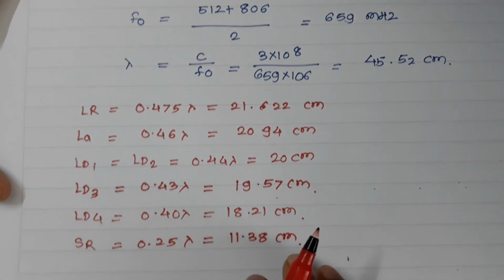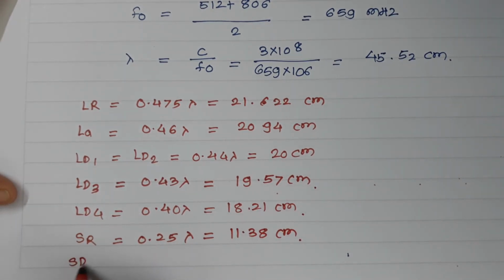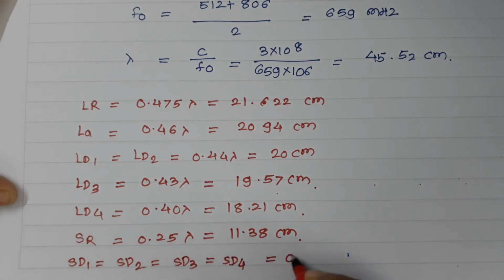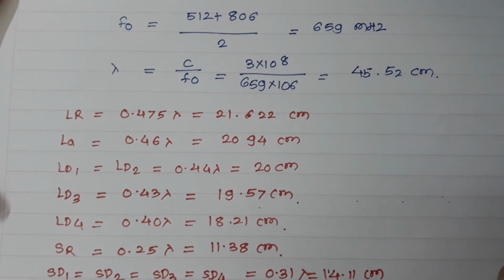Now we know that the distances between the directors are the same, so SD1 is equal to SD2 is equal to SD3 is equal to SD4, which is 0.31 lambda, which comes to 14.11 centimeters. Now we will talk about the total length.